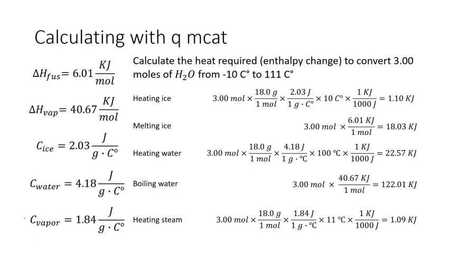That gives us our kilojoules for that process, and then we just add them all up. So in total, it's going to take 164.8 kilojoules of energy to convert 3 moles of ice to 3 moles of gaseous water or steam.